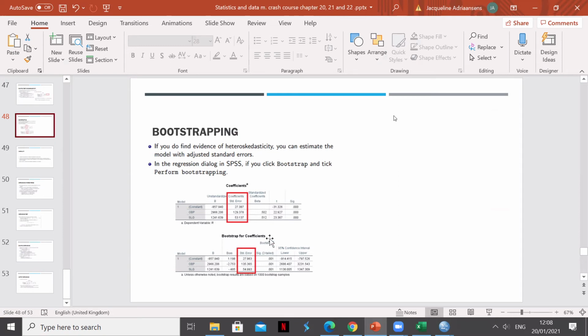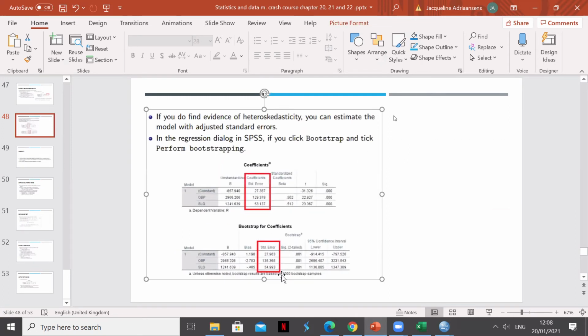And then you get your bootstrap for coefficients. If those are your normal coefficients, then if I make it a bit bigger, those are your bootstrap coefficients. And as you can see, they're all a bit smaller.